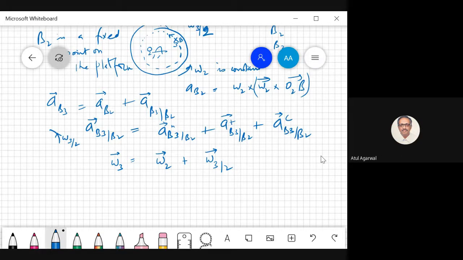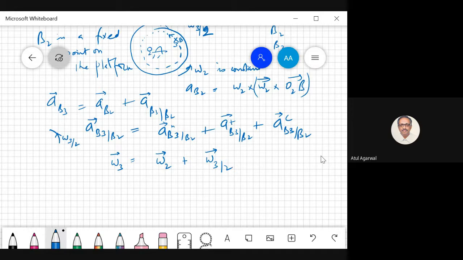Why straight line? He is going in a circular path on the platform. The rotating observer will also say he is going around in a circle, but with angular velocity omega 3 with respect to 2. Any problem?